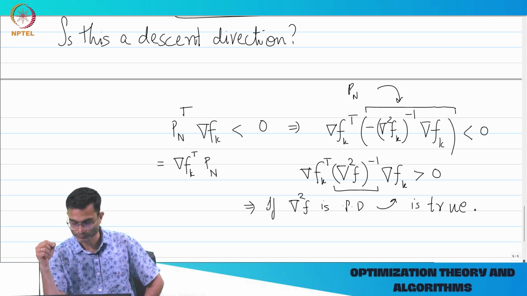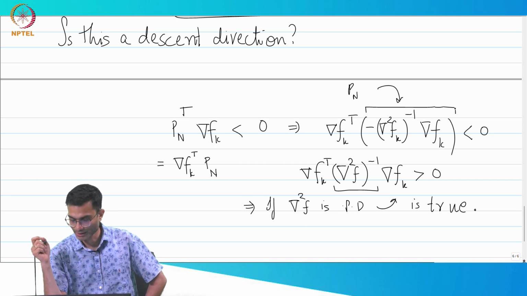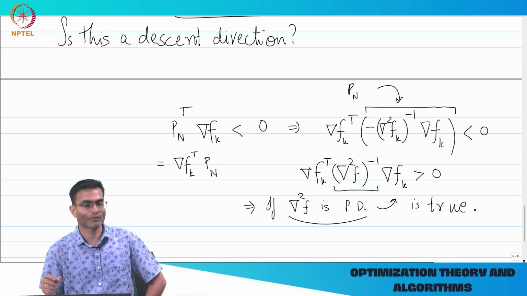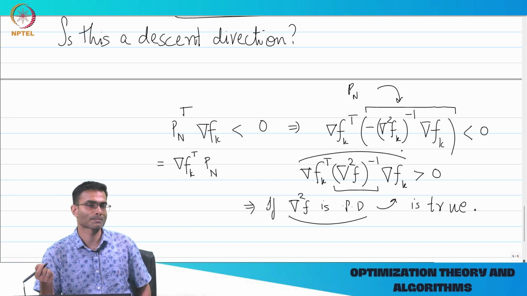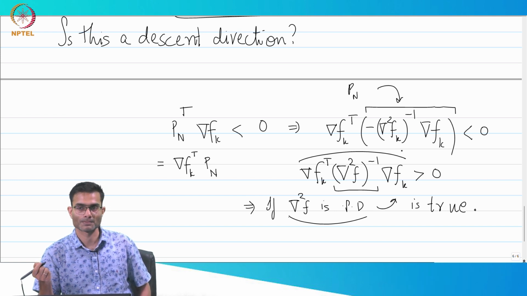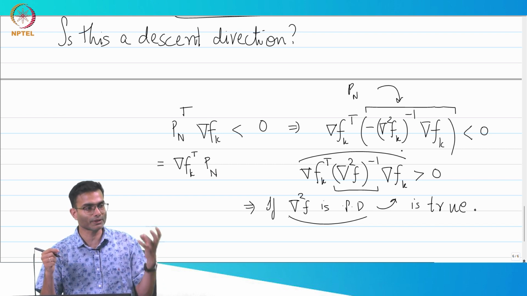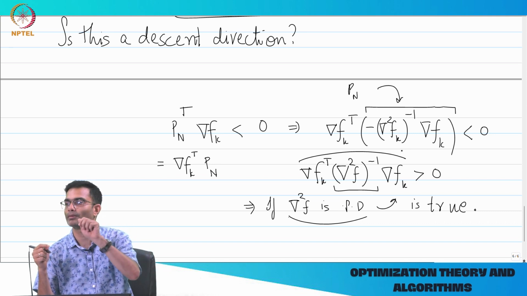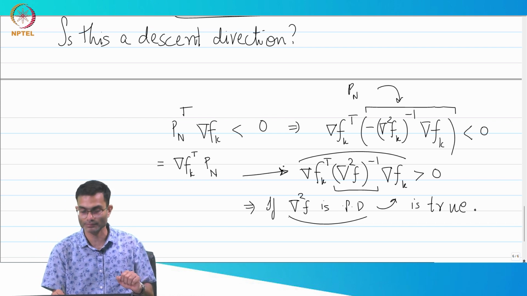Now I'm going to anticipate an objection over here. Is this a stronger requirement or is this a stronger requirement? Demanding that the Hessian be positive definite is a stronger requirement, because even if the Hessian is not positive definite at some special point in space xk, it could happen that this is satisfied.